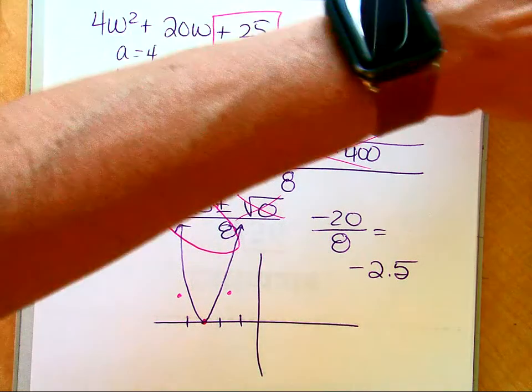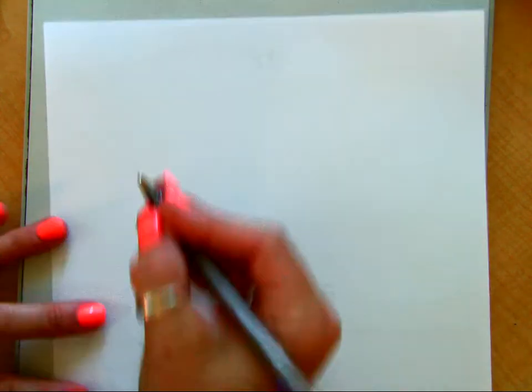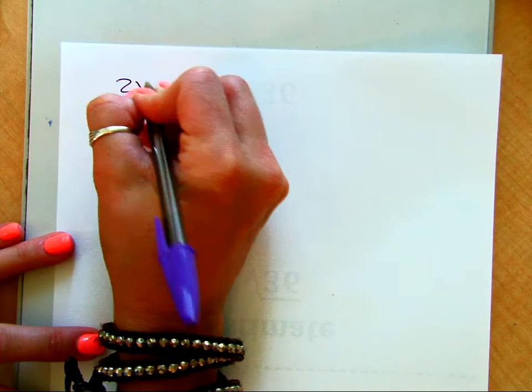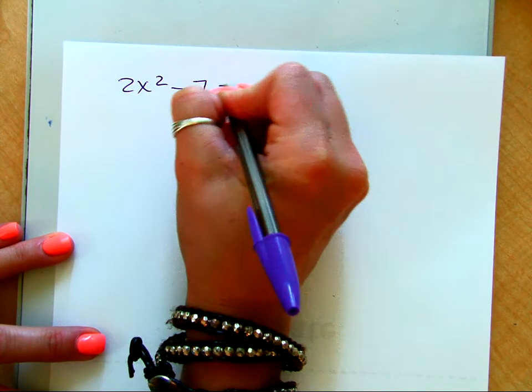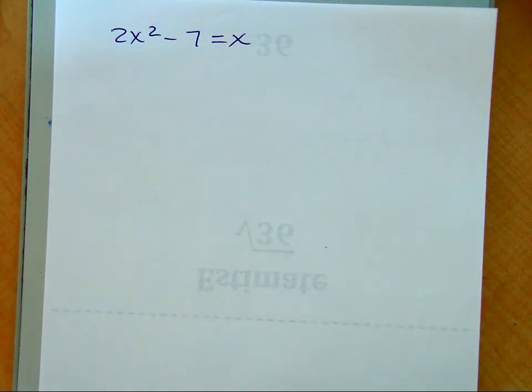Okay, let's do one more problem. I'm looking for the problem. Yeah, this is the one I want. Ready? So if I have 2x squared minus 7 equals x. Last problem. First of all, it's not in standard form, so I have to put it in standard form by doing what to both sides?